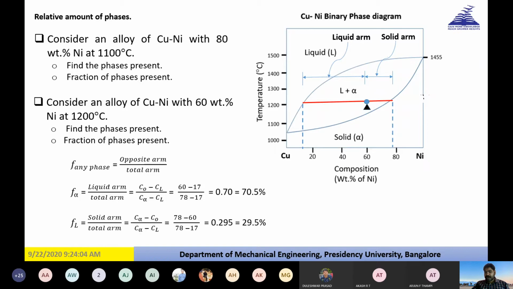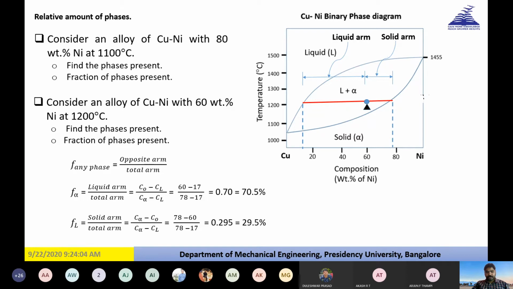Now the questions can be asked in various ways. This is the way of direct questions. But suppose I have given you this fraction of alpha and fraction of liquid and ask you to find out the composition of alpha and liquid phase. That is another way of asking the question related to this diagram.